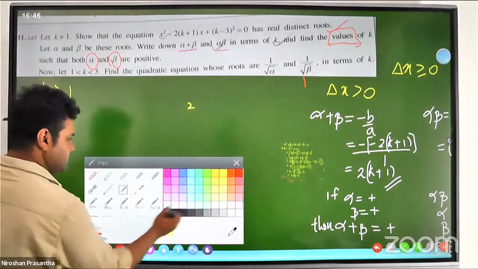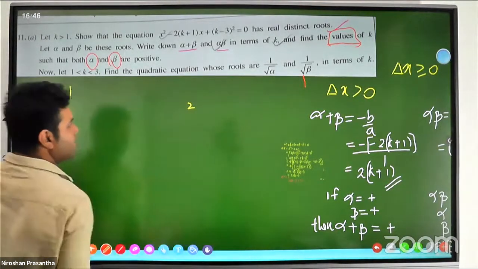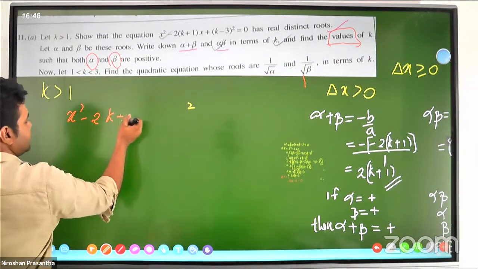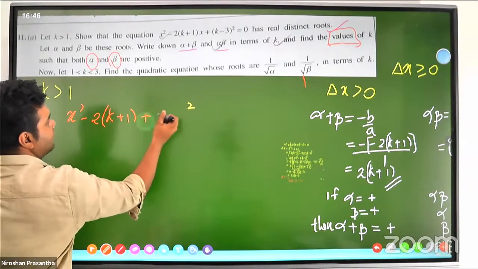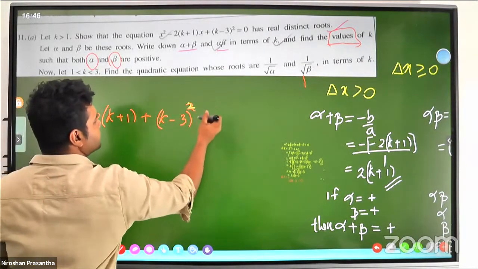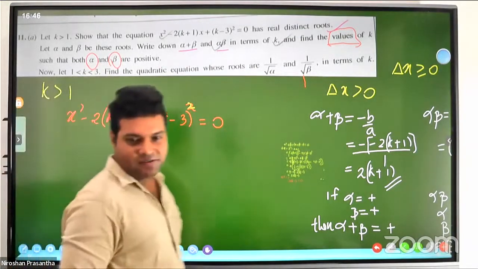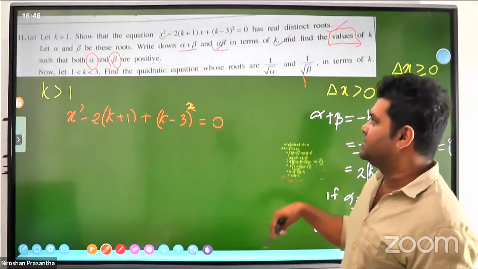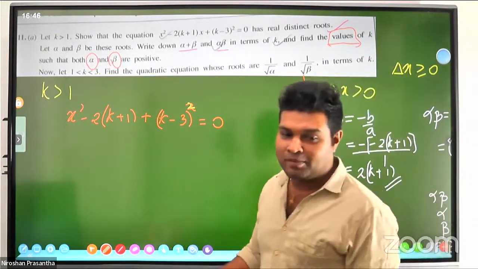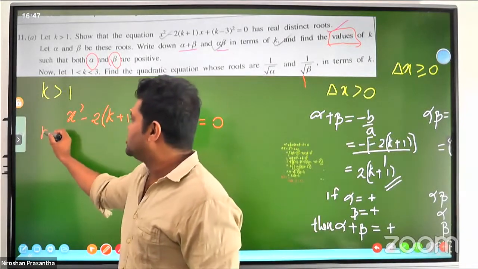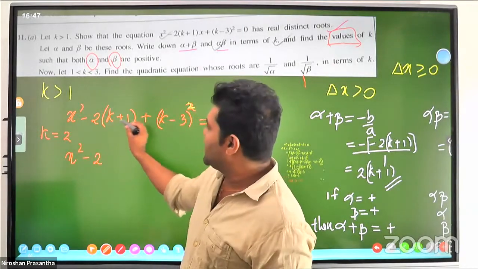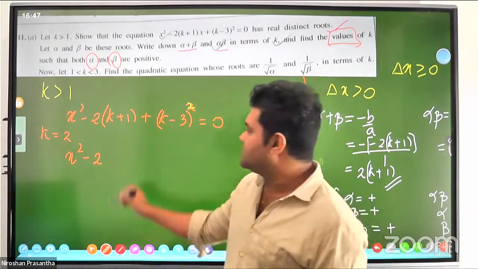This is the equation x squared minus 2 times (k plus 1) x plus (k minus 1) squared equals 0. This is additional, no need to write down, it is for your confidence. If I substitute a value like k greater than 1, say 2 here, when k is 2, x squared minus 2 times (2 plus 1), what is that? 3. 2 times 3, what is the whole answer?